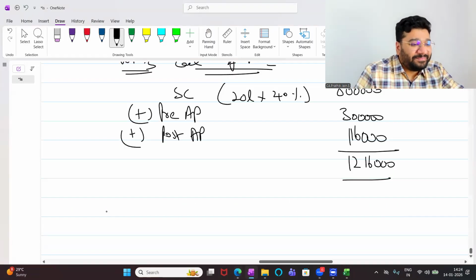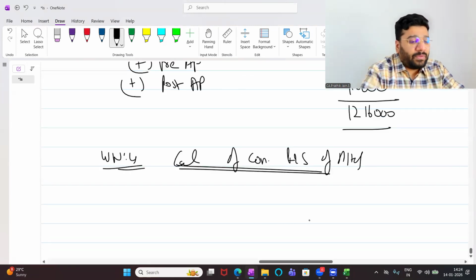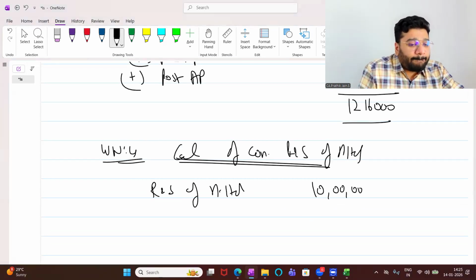Working note 4, calculation of consolidated reserve and surplus of H Limited, the holding company. Reserve and surplus of H Limited, how much? 10 lakhs. Plus post-acquisition profit of H Limited, because that belongs to H Limited.